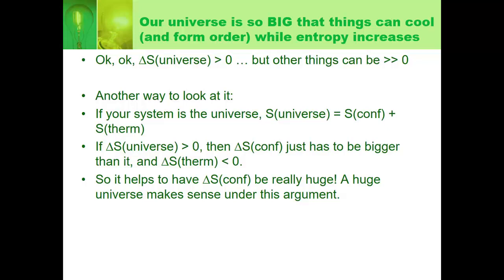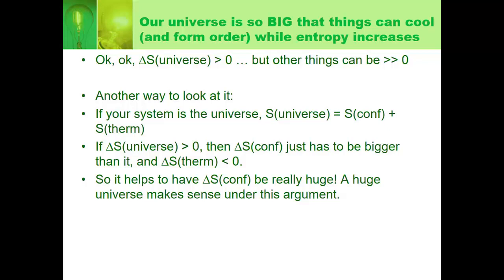If this equation is actually a greater than sign rather than an equal sign, then if I just have a big enough delta S configurational, I'll still get the delta S thermal less than zero. Things will still cool down, if I have a big enough configurational space that it's accessing. Well, what's one of the things that we know about the universe? Delta S configurational is really huge. So we're in a universe that pretty much has to cool down because it's expanding so much.